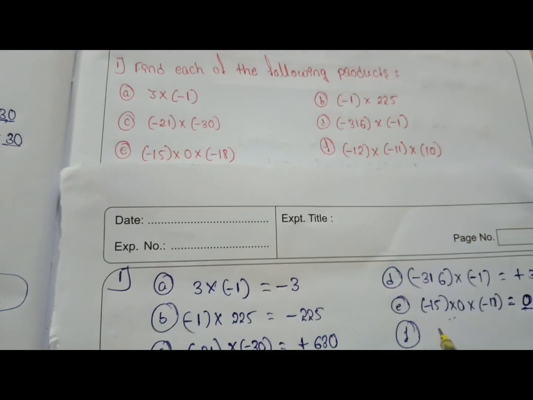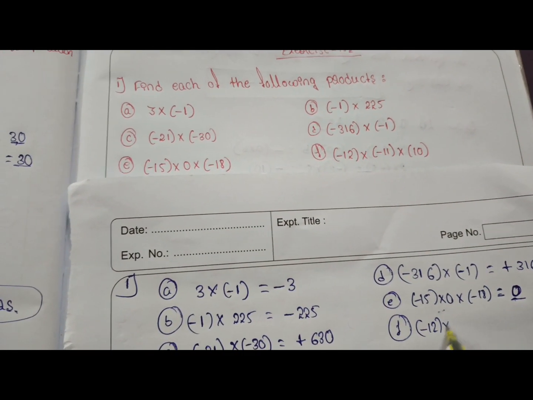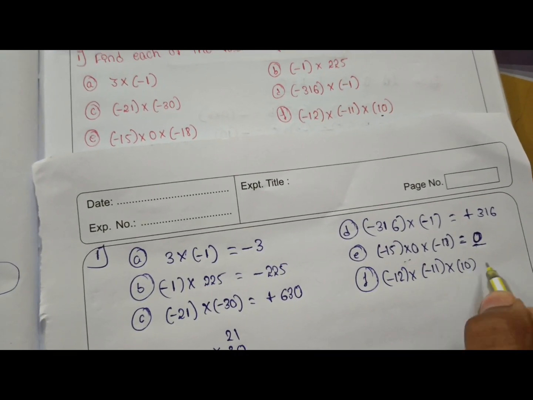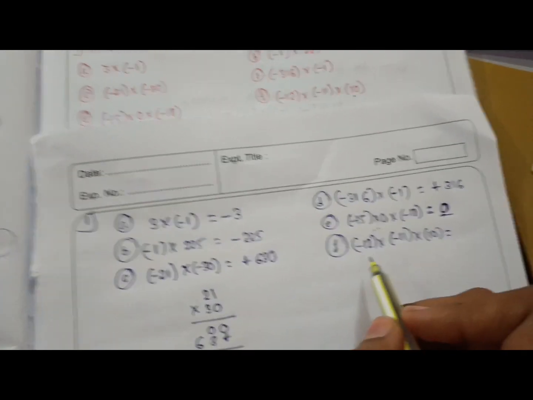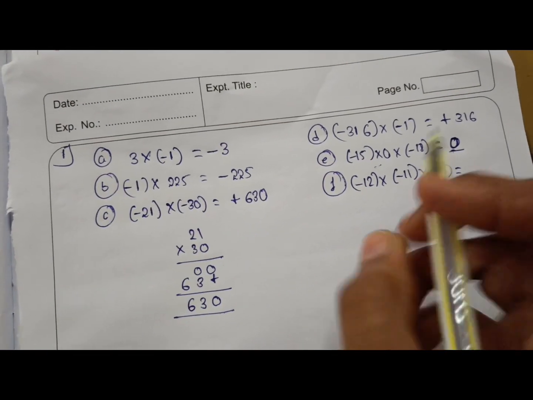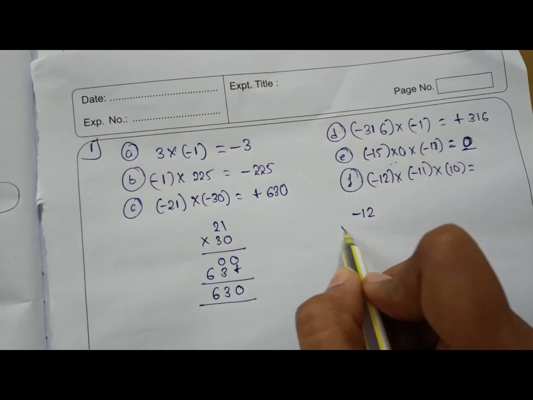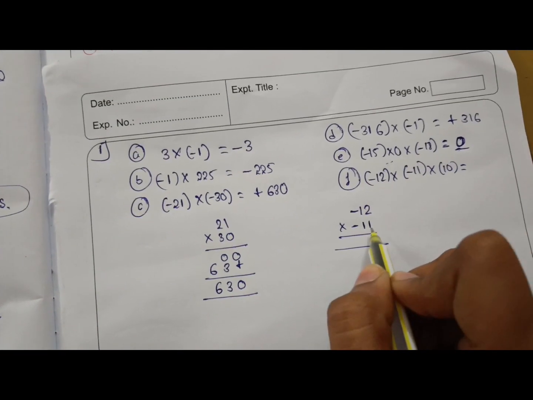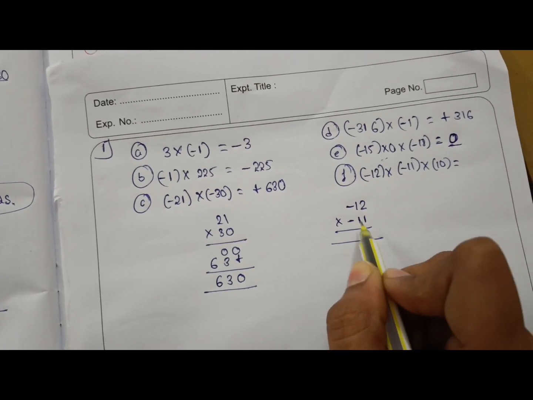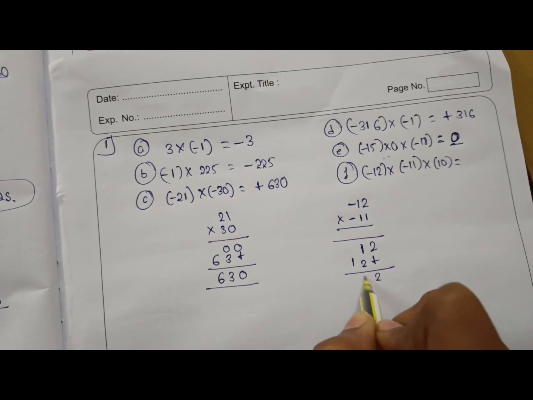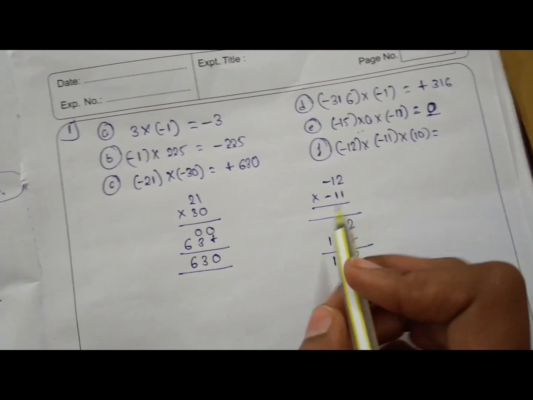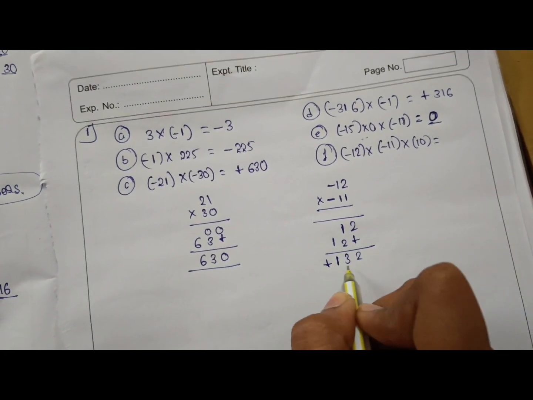Next question. Minus 12 into minus 11 into 10. First we have to multiply these two integers. Minus 12 into minus 11. 1 2 is 2, 1 1 is 1, plus, 1 2 is 2, 1 1 is 1, 2, 2 plus 1 is 3, 132. See, minus into minus is plus, plus 132.